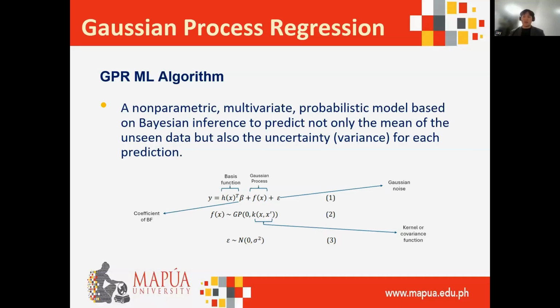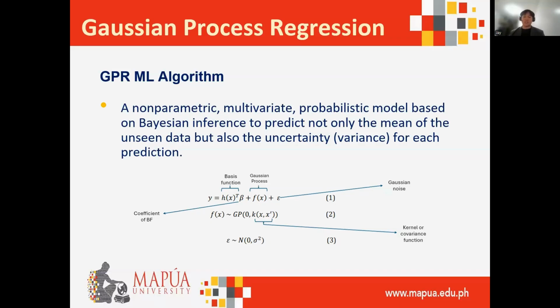So this model follows a general linear regression model with Gaussian noise given by equation number one, wherein epsilon is the Gaussian noise, h of x is the transpose vector form of the basis function.